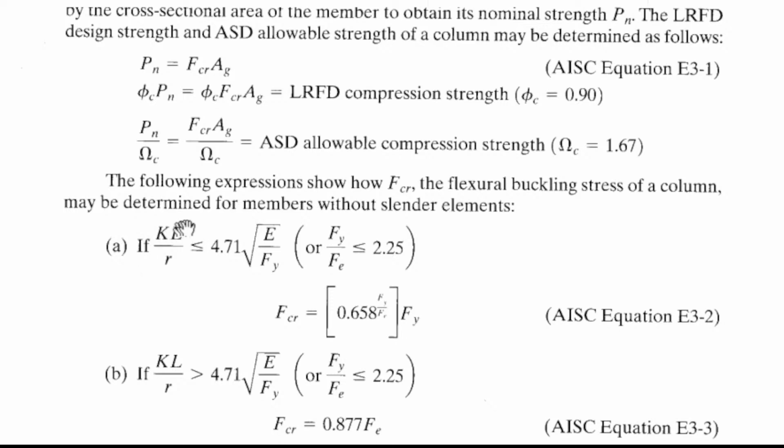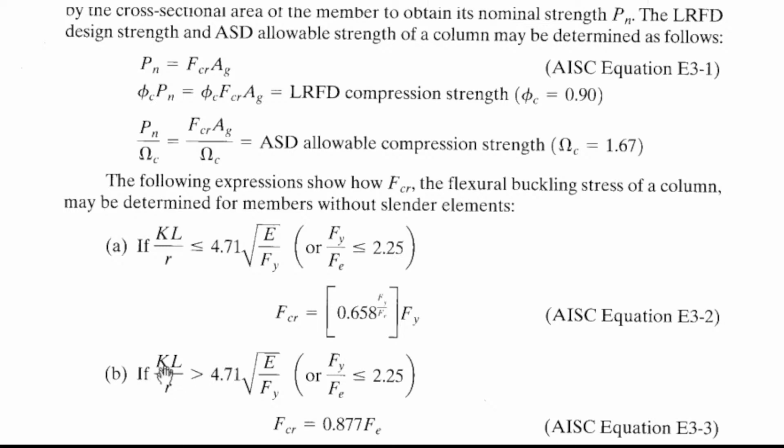If KL over r is less than 4.71 square root of E over Fy, as we already know from last meeting, then Fcr is supposed to be equal to this one. Or Fy over Fe is less than 2.25.